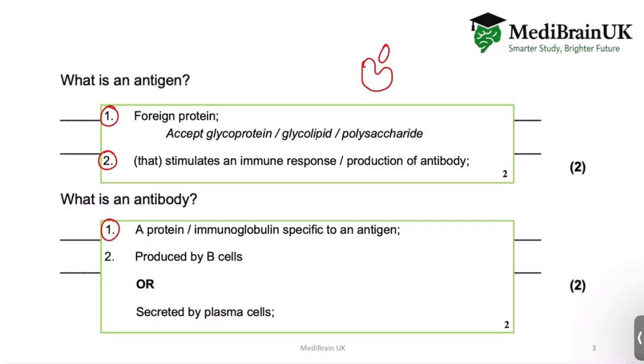They produce your plasma cells and your memory B cells. So those are the 2 definitions and the mark scheme definitions that you need to be aware of, in terms of the exam board that this is taken from, specifically AQA.